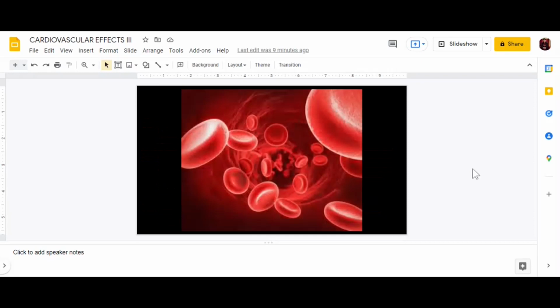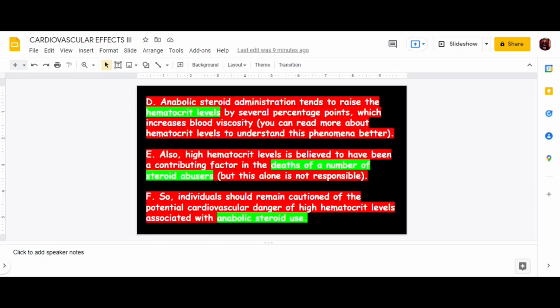Now take a look at this diagram. Here this is the blood vessel and these are the RBCs. If the amount of RBC increases in our blood, then the blood's ability to move around will become impaired. So how do anabolic steroids increase the RBC concentration?